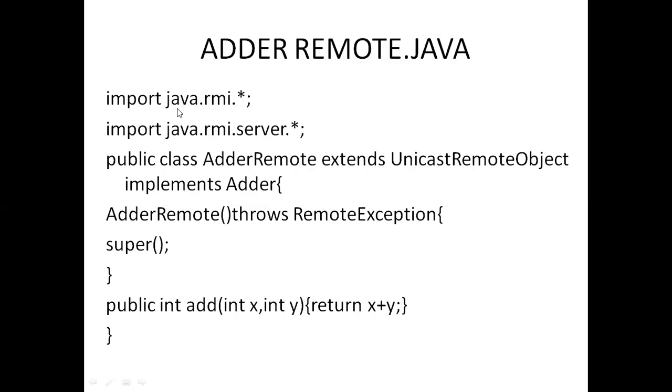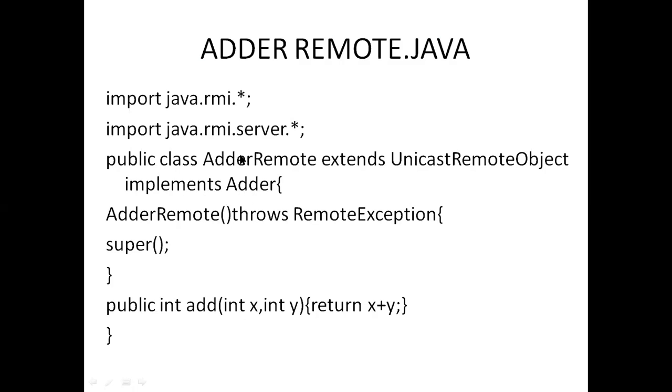See here we import RMI and RMI server. So who is implementing this interface? Server is implementing this interface, isn't it? So here, what is my class name? AdderRemote is my class name. It extends UnicastRemoteObject, which implements Adder. What is this Adder?